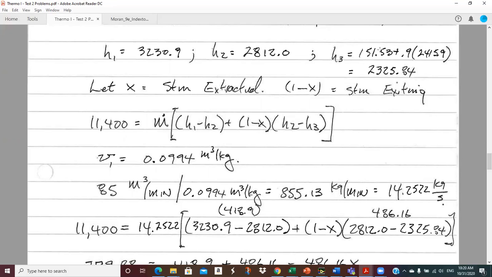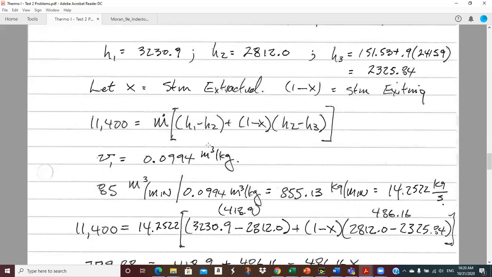State 3 is inside the saturation dome at 6 kPa, so you've got to go to the saturation table, quality of 0.9. That's the enthalpy of the liquid at the low pressure, plus the hfg across the dome times 0.9 added on, and you get the exit enthalpy of 2325.84.